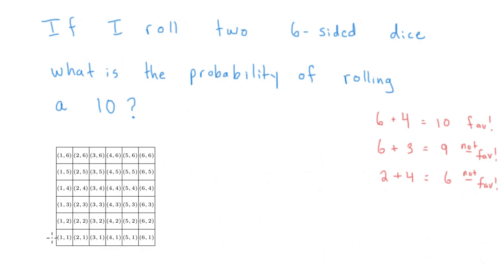So if I look right here, kind of in this diagonal, the sum is going to be 2. Whereas if I look here, the sum will be 3. And then if I look here, the sum will be 4. And then here, the sum will be 5.